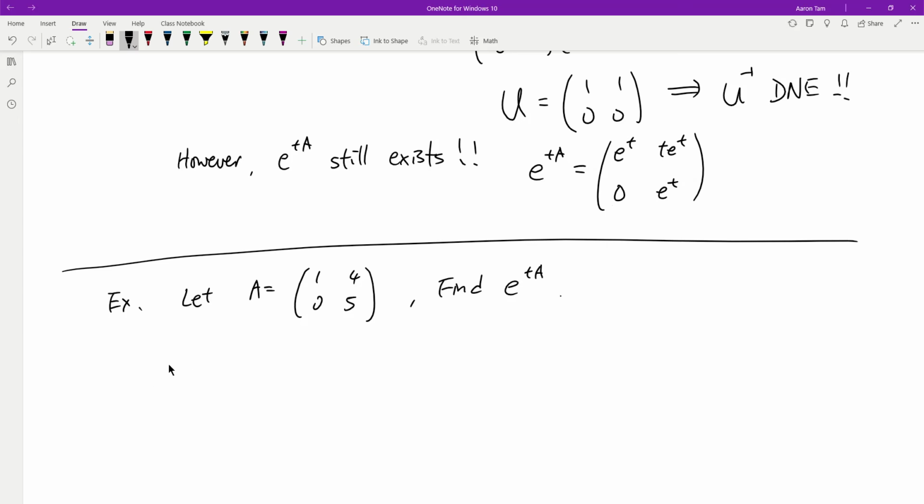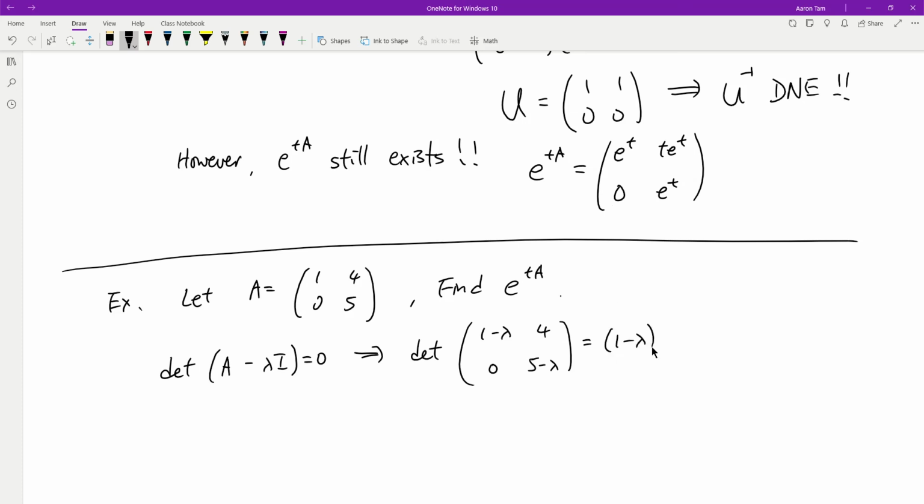So I'm going to find the eigenvalues, which is just equal to (1 minus lambda) times (5 minus lambda). If I set that equal to 0, it gives me lambda 1 equal to 1 and lambda 2 equal to 5. So that's pretty simple.